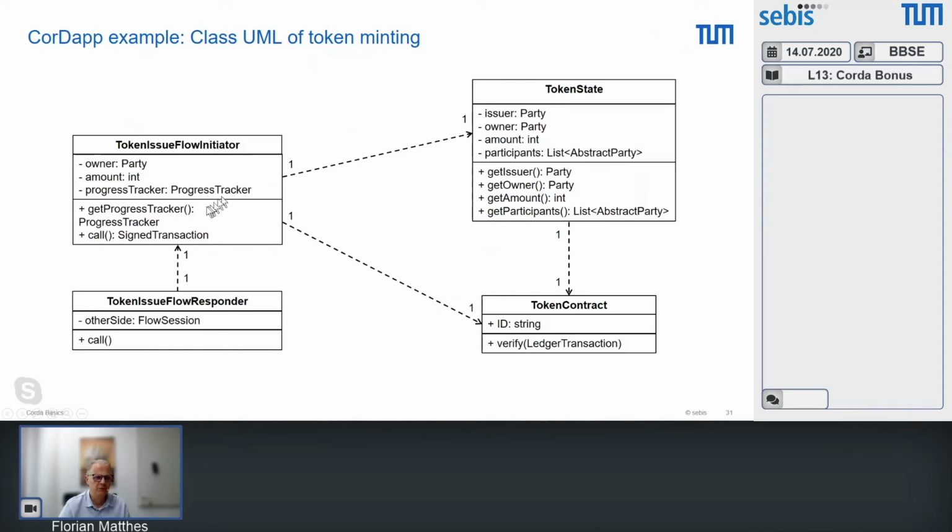So you have a get progress tracker method, and then you have a key method called call, which produces a signed transaction, which then performs the token transfer.